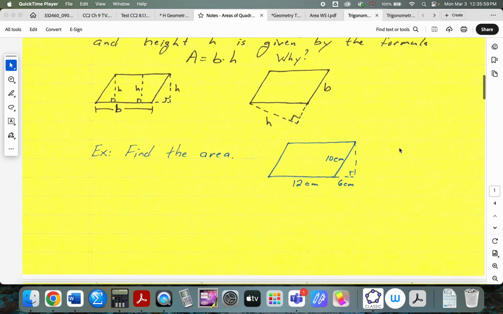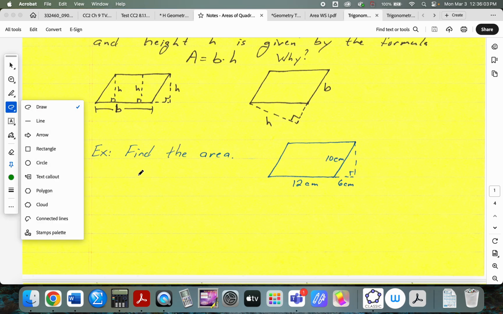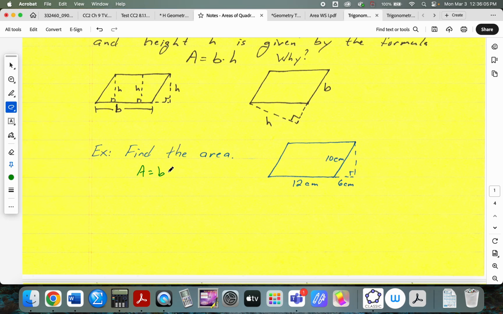So, let's take a look at this one. Here we want to find the area. I strongly suggest, I don't absolutely require it, but I strongly suggest that you write out the formulas as you use them. I do require that you show me what it is that you're multiplying together.